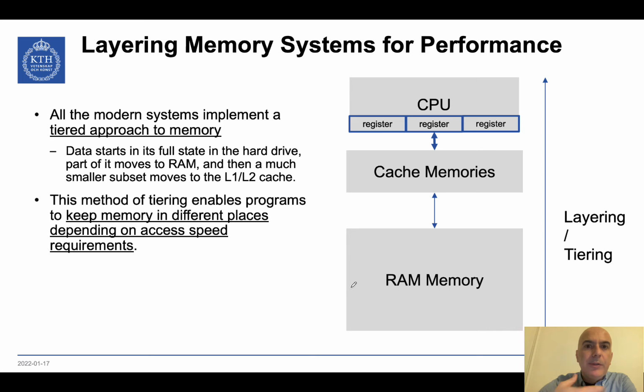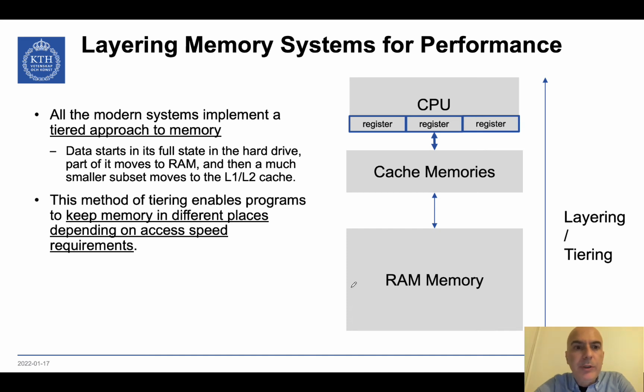So as you saw in the previous slide, we are basically building this tiered memory system, composed of different memory layers. We start from a very fast memory at the registers and the caches. The caches might have different layers: L1, L2, and LLC.